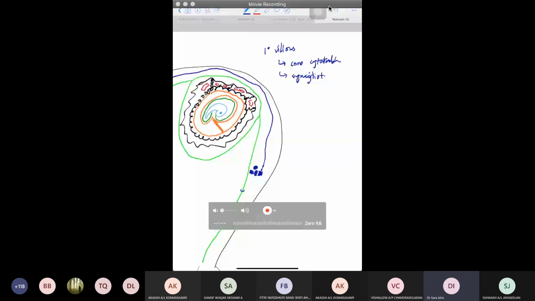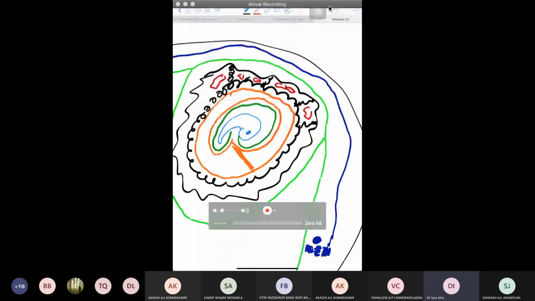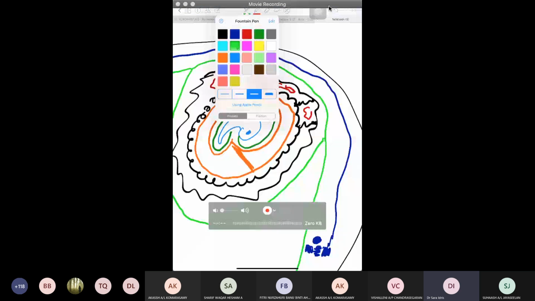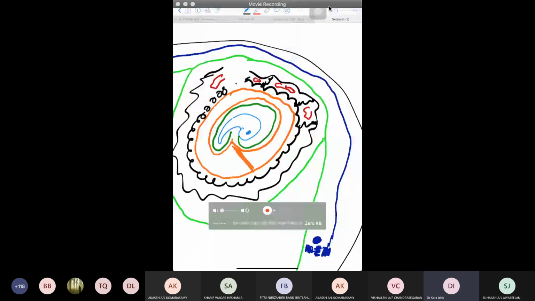You can see here that's your cytotrophoblast, and outside all this will be your syncytiotrophoblasts. So now what's going to happen to your primary villus? If I just draw this bigger so that you can see, that's going to be the decidua. Then it's your cytotrophoblast, and then it's going to be covered by your syncytiotrophoblasts. That's your primary villus.